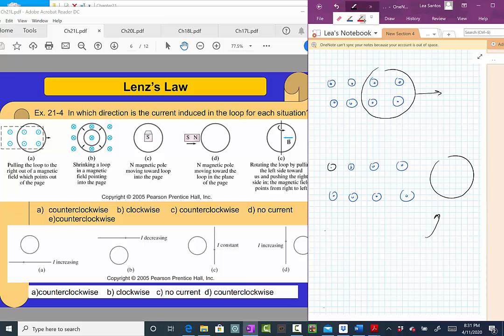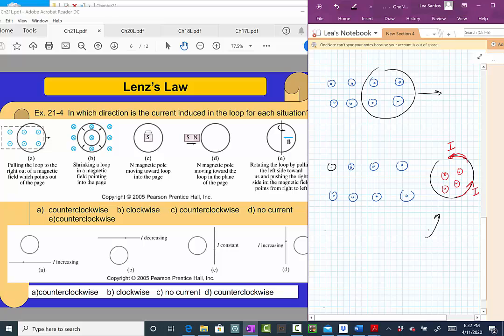So opposing this change means I want to recover those magnetic field lines that I had before. And to have magnetic field coming out, what is going to be the direction of the current? The direction of the current will be counterclockwise. Okay, so this is the direction of the current induced.